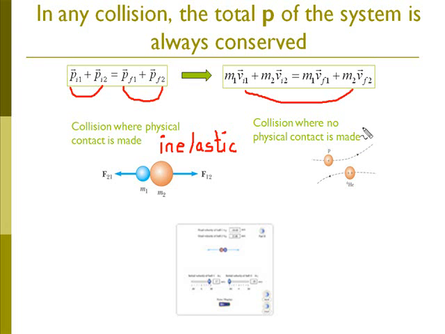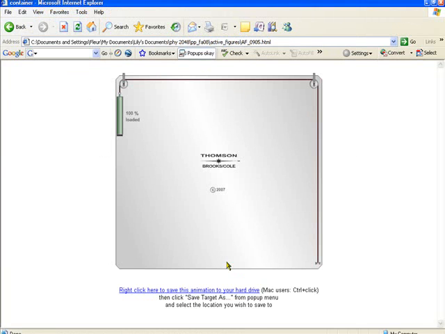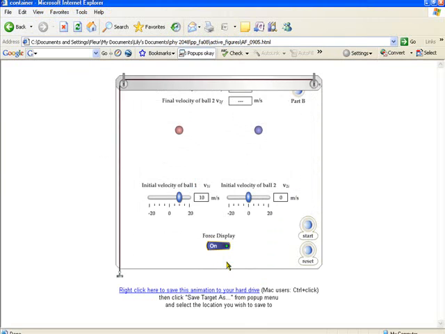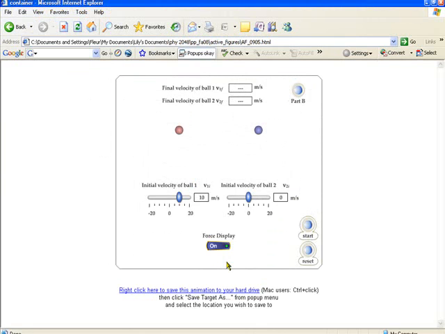If, however, there is no physical contact between the two colliding objects, we say the collision is elastic in nature. It's a type of elastic collision. And a little later we'll elaborate exactly what the difference between those two types of collision is. But let's view an animation that will allow us to examine these two types of collision.